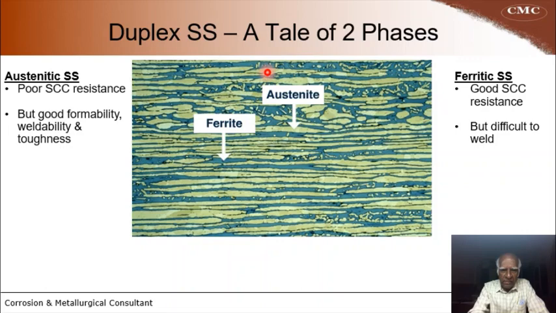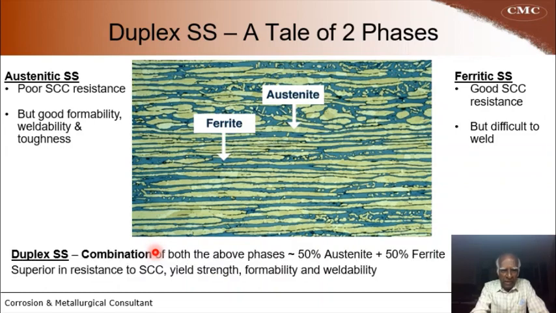You can see the typical microstructure of duplex stainless steel, partly austenite and partly ferrite. If any cracks develop due to austenitic structure, the ferritic structure will stop them. That is the reason why duplex stainless steel has got ultimate corrosion resistance. Duplex stainless steel is a combination of both the above phases, austenite and ferrite.